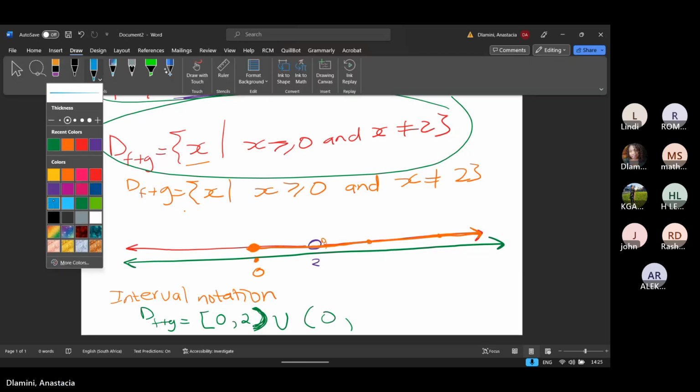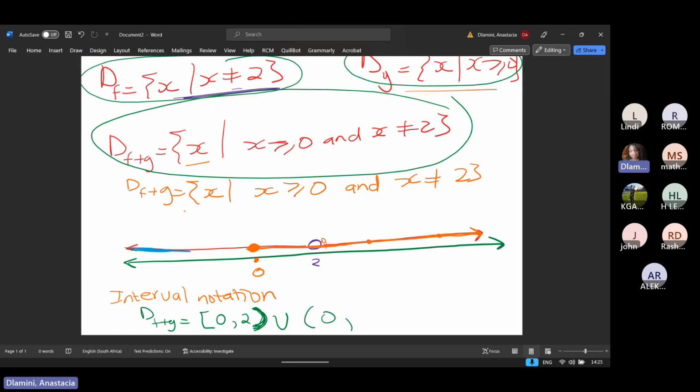So let's say our new red line is blue. So we're saying the intersection. Where is the orange line touching the blue line? From 0.